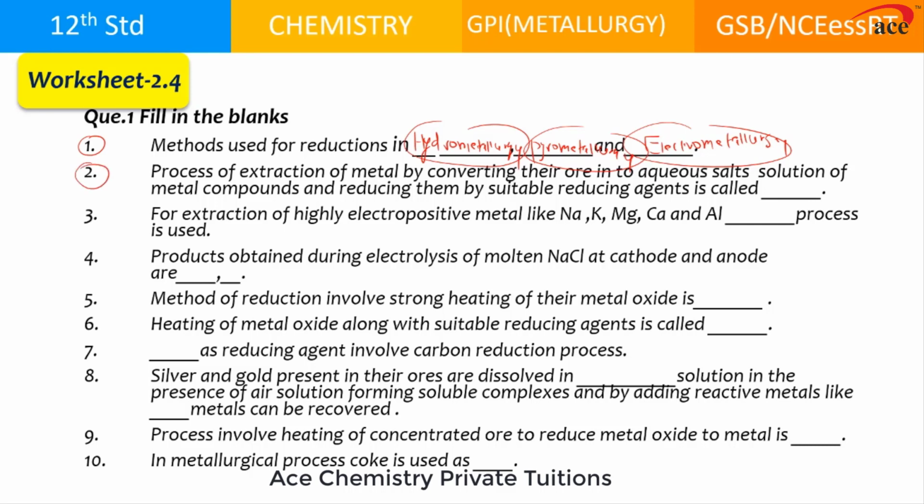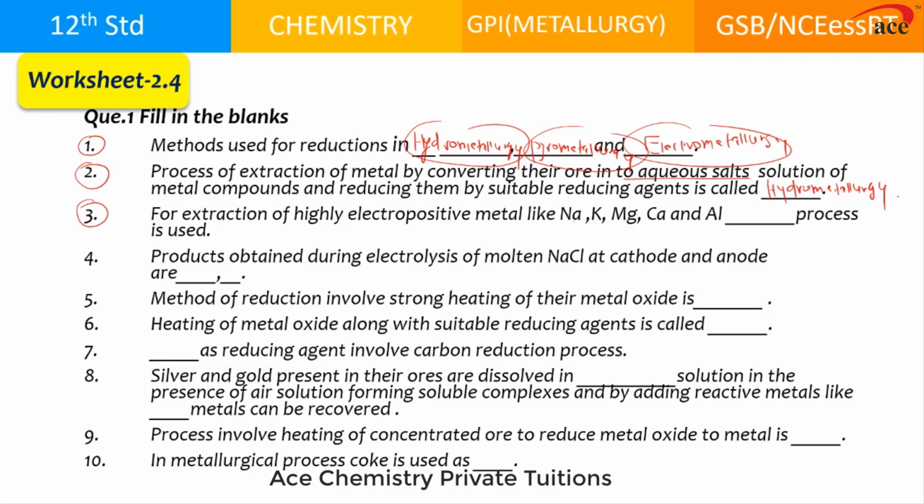Second, the process of extraction of metal by converting their ore into an aqueous salt solution of metal compounds and reducing them by a suitable reducing agent is carried out in hydrometallurgy. So the answer should be hydrometallurgy. Third, for extraction of highly electropositive metals like sodium, potassium, magnesium, calcium and aluminium, dash process is used.